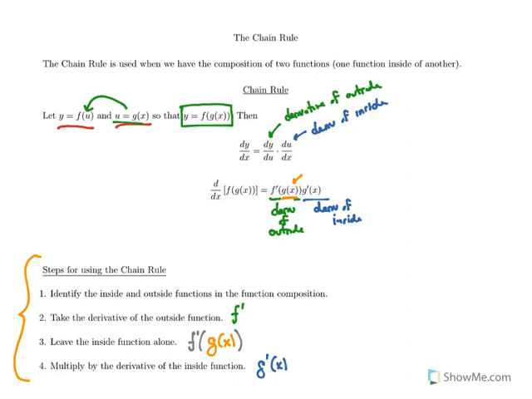So let's see an example of this at work. The derivative of x squared plus 1 to the 50th power. Step 1, we need to identify the inside and outside function, the function composition at play here.